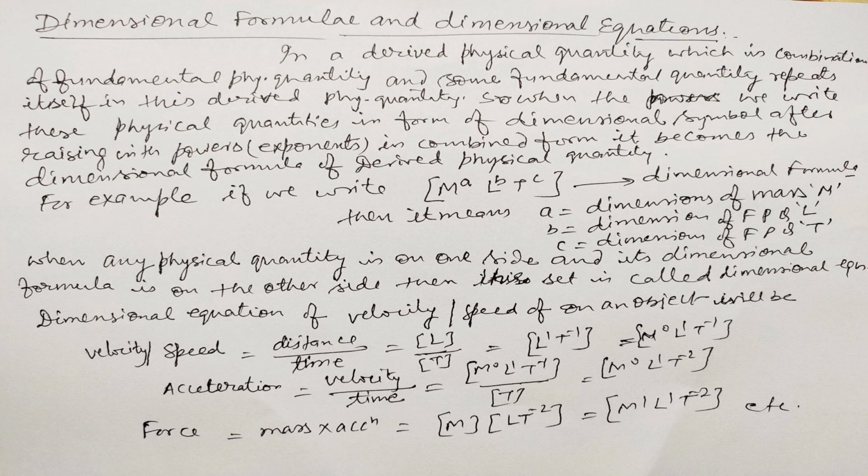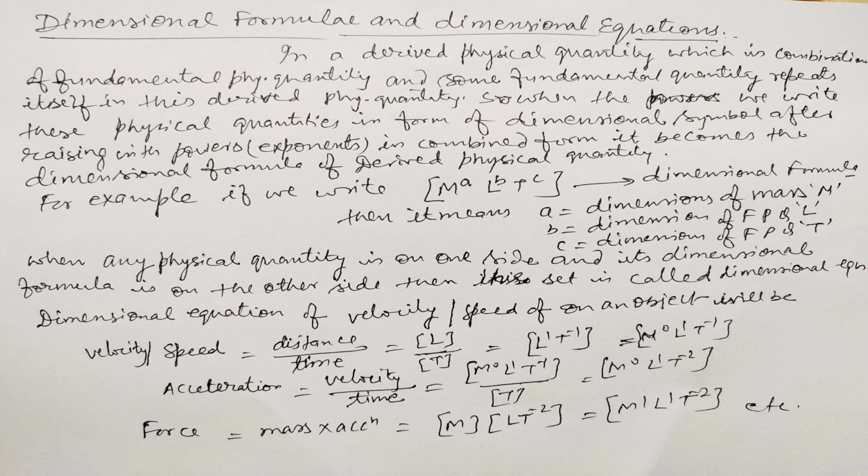Now if we think about the dimensional equation, a dimensional equation is also a dimensional formula, but when we write the fundamental quantity on one side and the dimensional formula on the other side, then this becomes a dimensional equation.